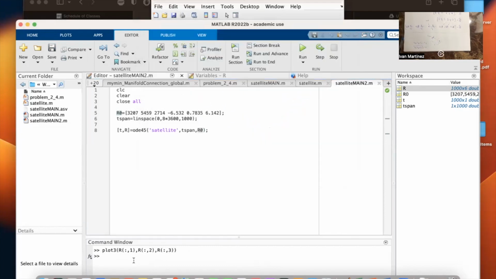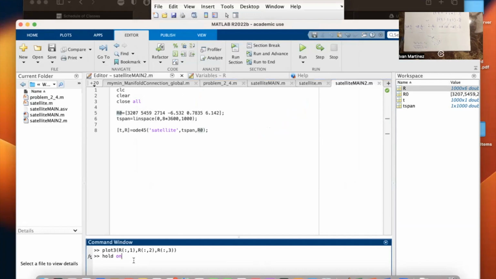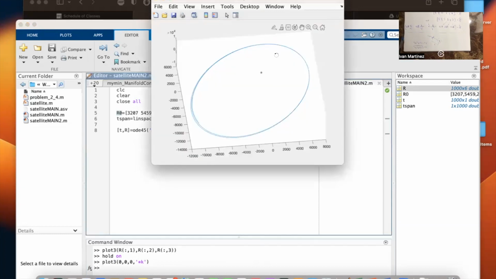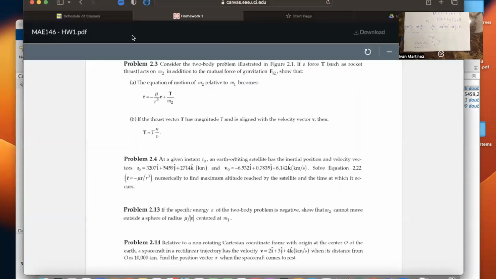And then I wanted to plot the Earth. So the Earth is there. We can see that the satellite is closer here and farther away there. So the question is asking you to find the maximum altitude.